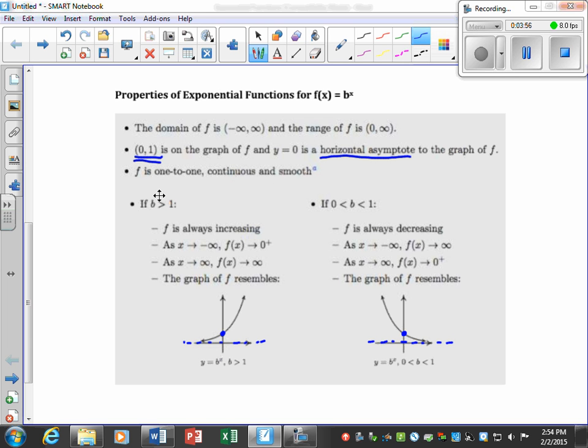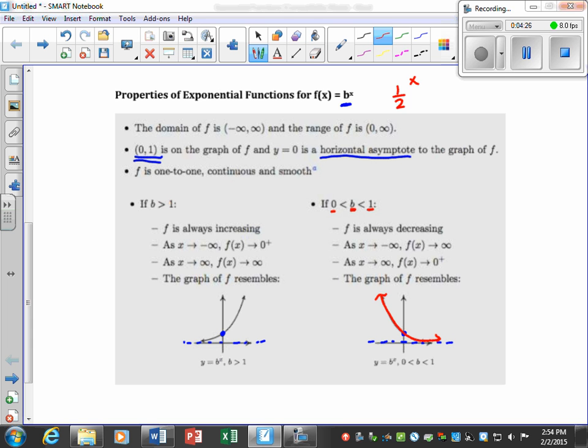If b is greater than 1, that means if this number is bigger than 1, you're going to have a shape that looks like this. If this number is less than 1, or in between 0 and 1, more precisely, like for example, if b is 1/2 to the x, in between 0 and 1, then you're going to have this going on.